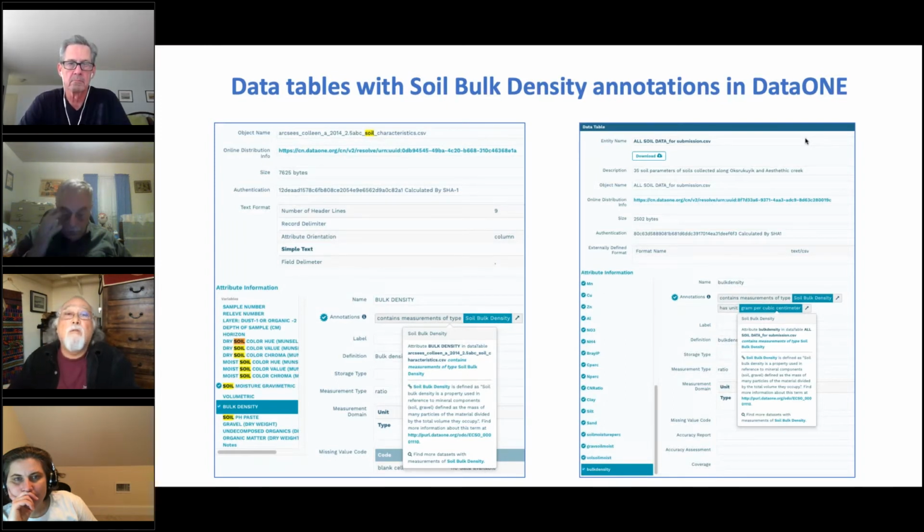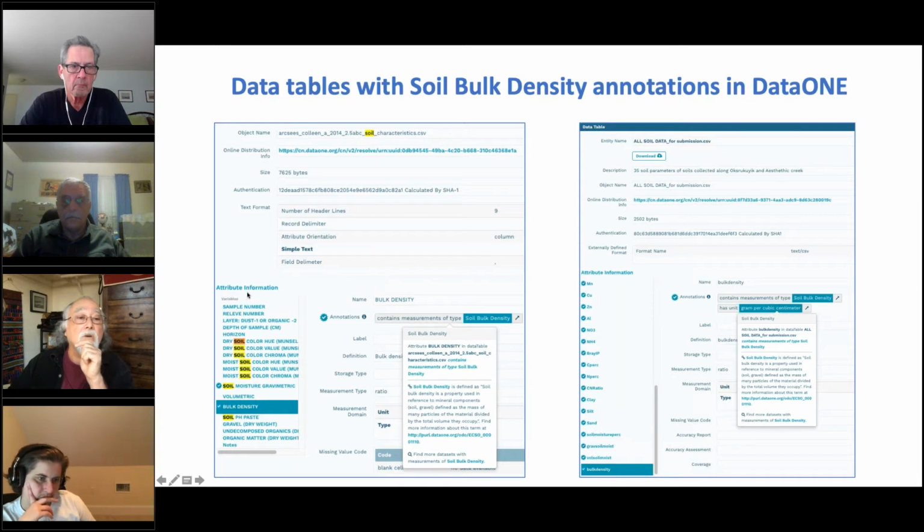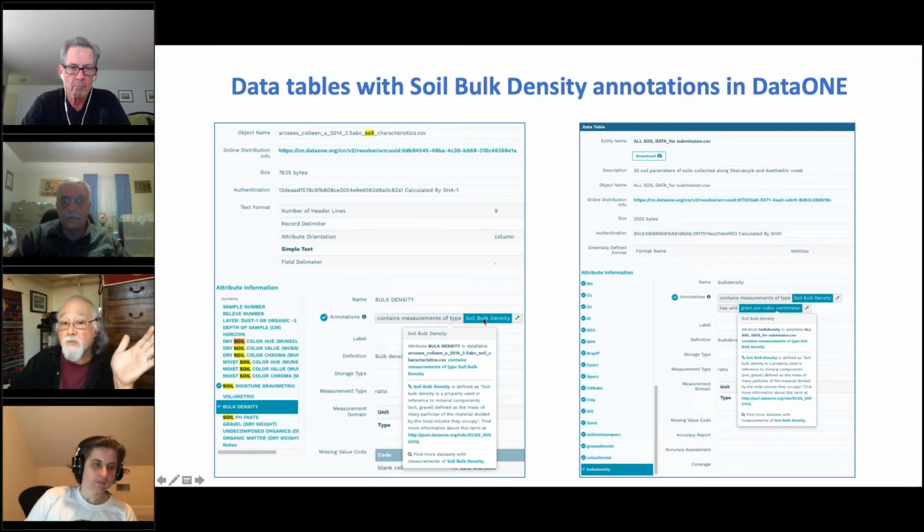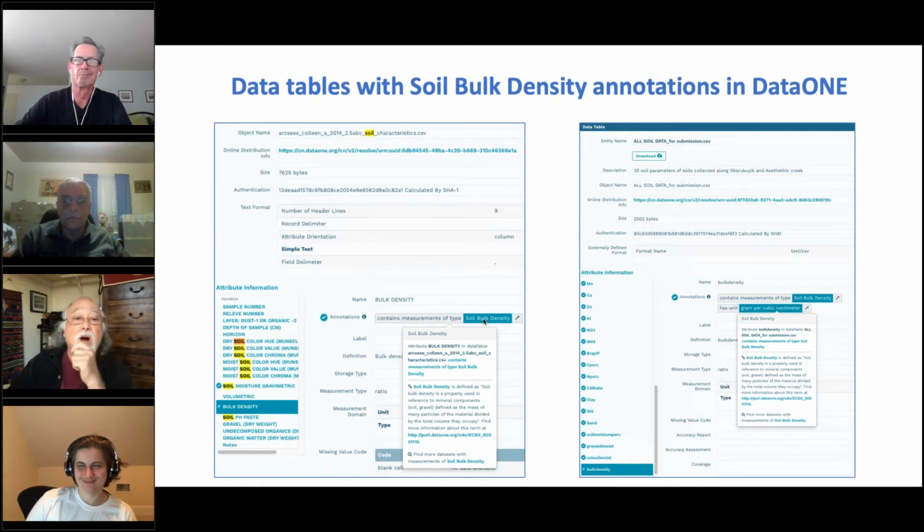Now, if you did that search for soil bulk density in the Arctic Data Center, you'd come up with, I think, 3 or 4 data sets, and here are representations of the value of that semantic annotation on a data set. You can see here on the left, these are the various columns or attributes of this table. And you can see this table actually had a column which was nicely called bulk density. So it was a little bit of a giveaway, but this annotation is showing, oh, this is actually a soil bulk density, not just a generalized bulk density, which is mass per volume.